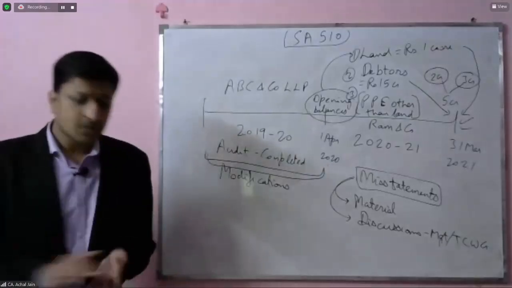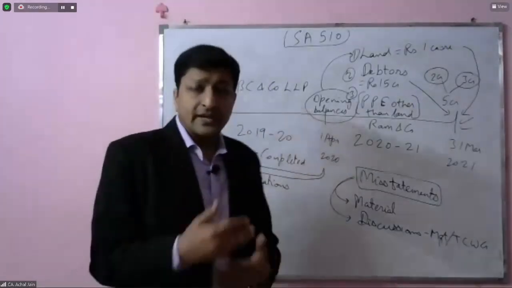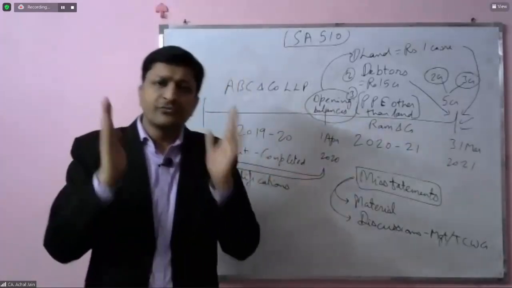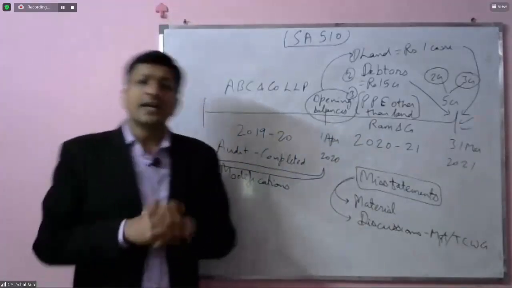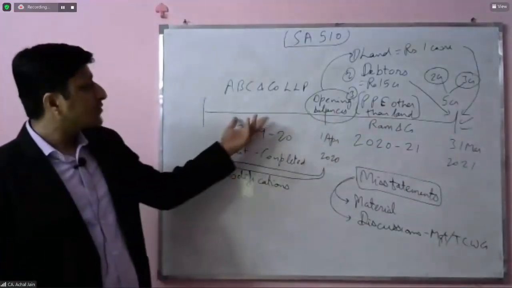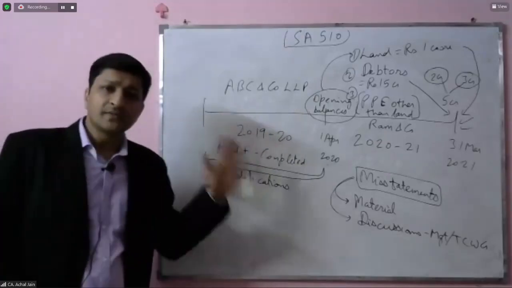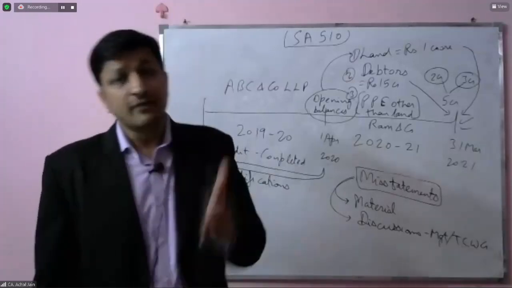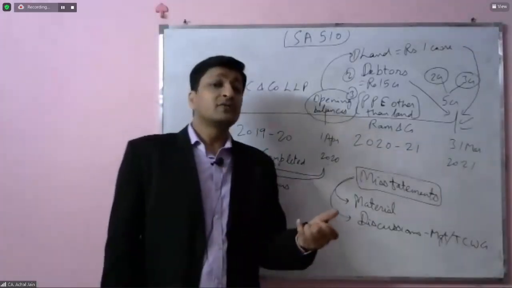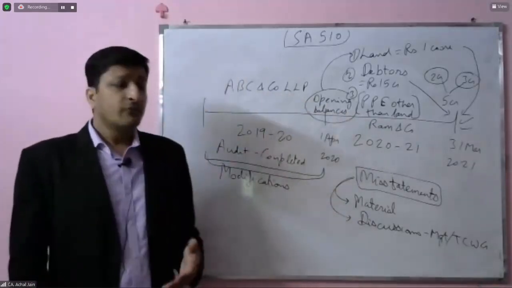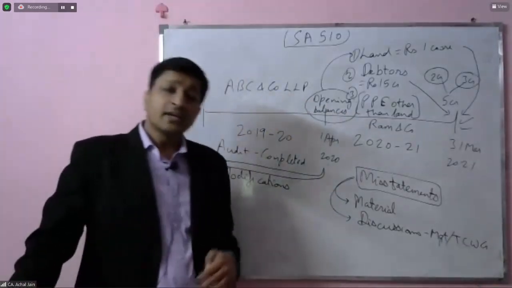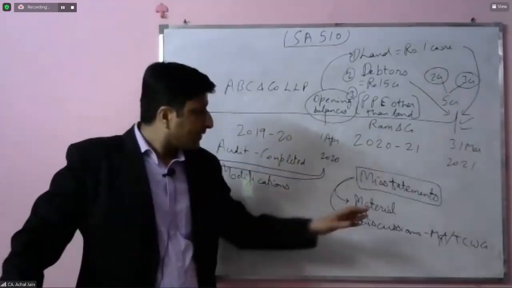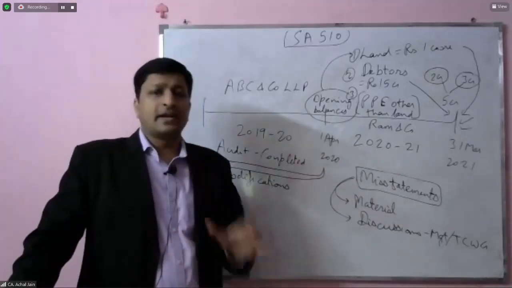See, in simple terms, instead of just getting into various situations and trying to create various cases, you can very simply understand that irrespective of whatever was performed in the last year by the previous auditor, whether he issued a modified report which should have been issued, or whether he issued a modified opinion which should not have been modified, or whether he issued a clean report which should have been modified, irrespective of that, the new auditor would require independent assessment.